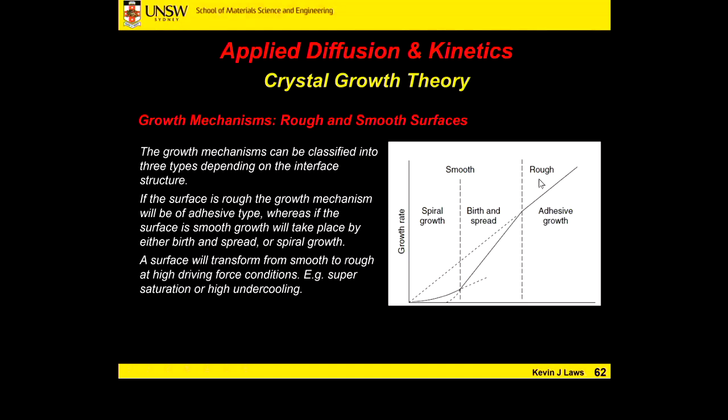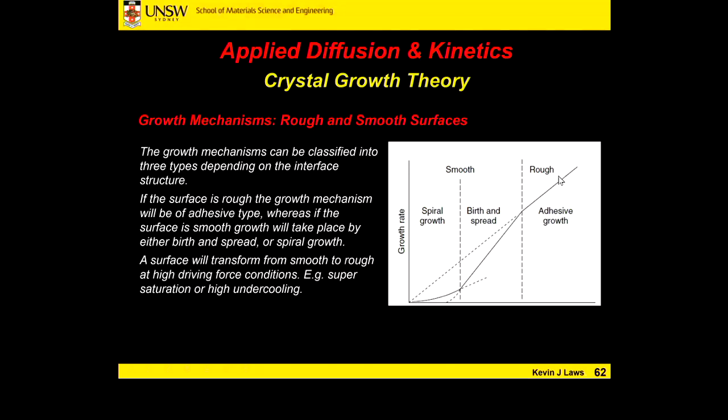The smooth growth mechanisms occur when our free energy for growth is relatively low, so we haven't got a great deal of undercooling in our system, for example. We might be fairly close to our melting point, or we're cooling at a very, very slow rate.